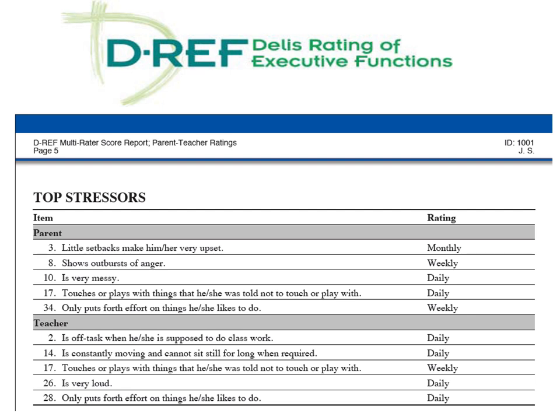So the top stressors section is a list of the items and the raters responding to those items. And these are the items that are most problematic for the subject.